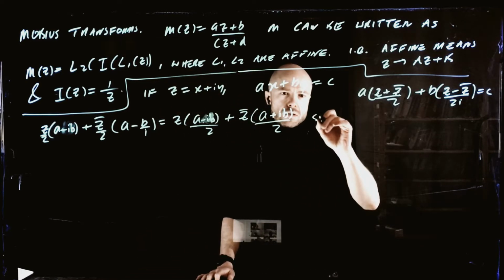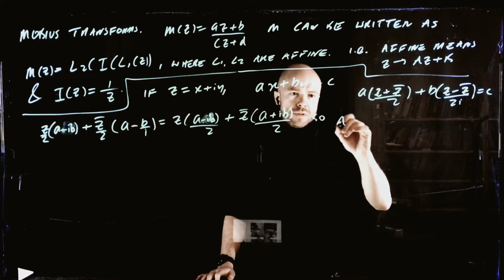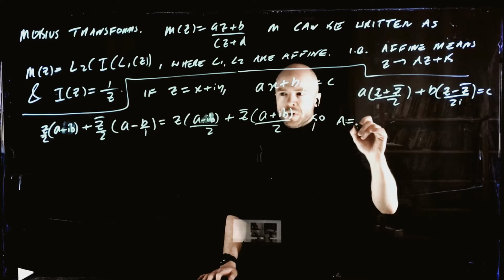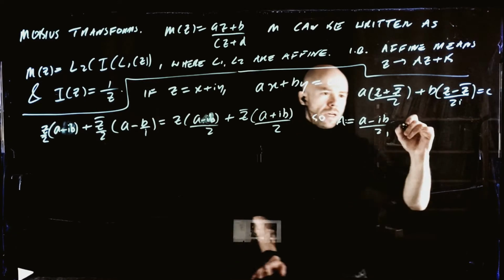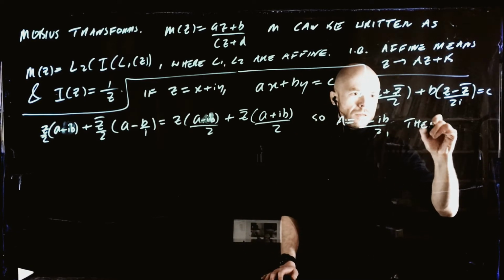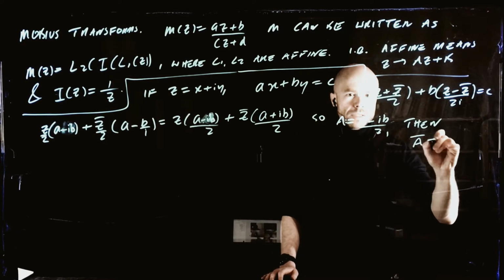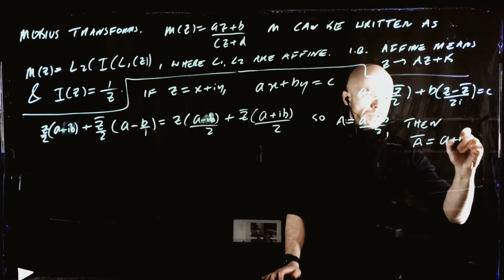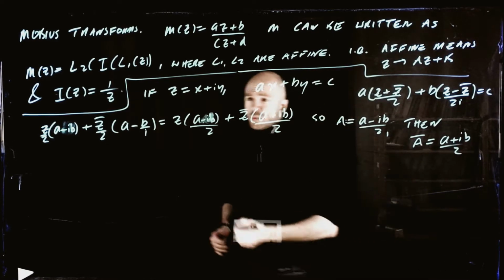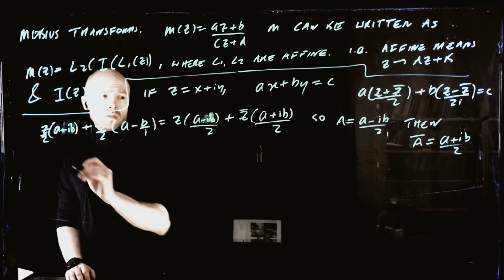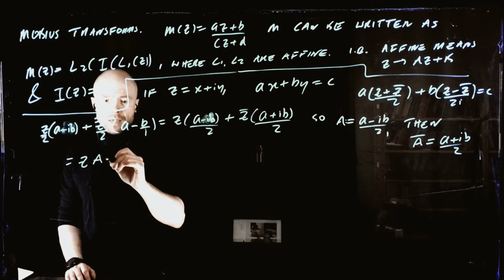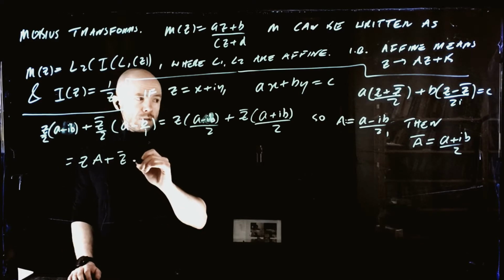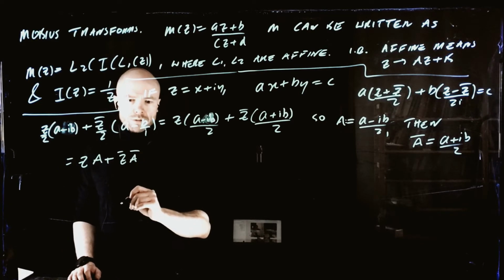So if we define A to be equal to A minus IB over 2, then A complex conjugate is A plus IB over 2, right? So then we can write this thing as Z A plus Z bar A complex conjugate, yeah?